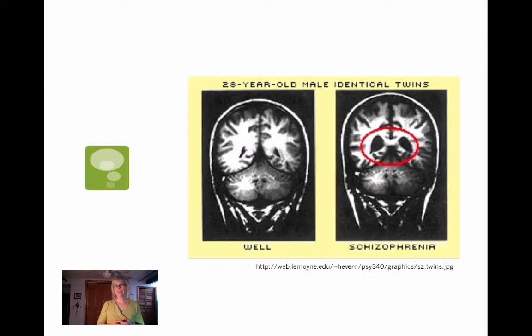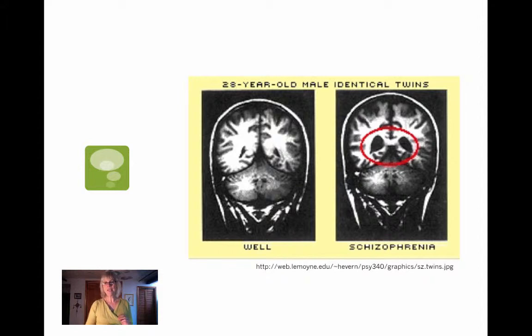You can also see some of the structural problems in this MRI, or a pair of MRIs, from a pair of twins, one with schizophrenia and one without. And remember, we said that while there seems to be a pretty strong genetic component associated with schizophrenia, your chance of getting schizophrenia if your identical twin has schizophrenia is about 48%.